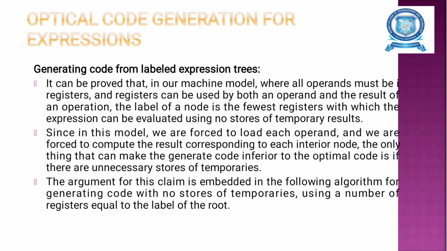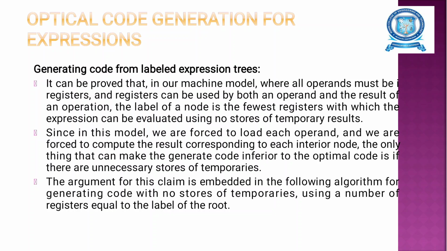Generating code from a labeled expression tree. It can be proved that in our machine model, where all operands must be in registers and the registers can be used for both operands and the results of operations, the label of a node is the fewest registers with which the expression can be evaluated using no stores of temporary results.